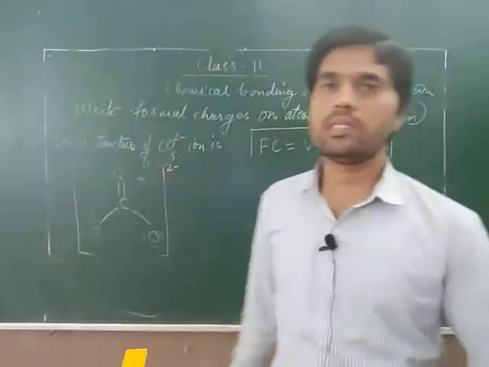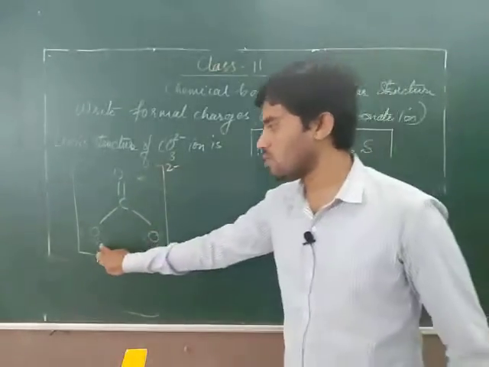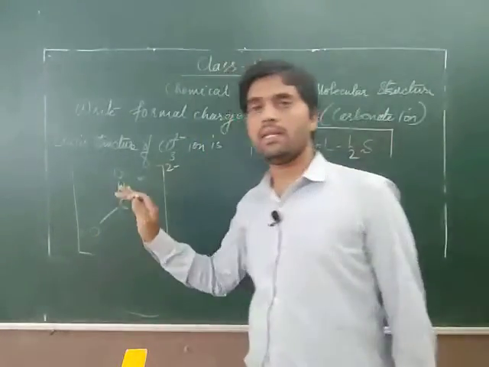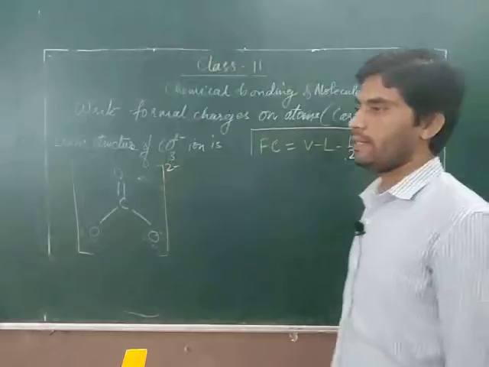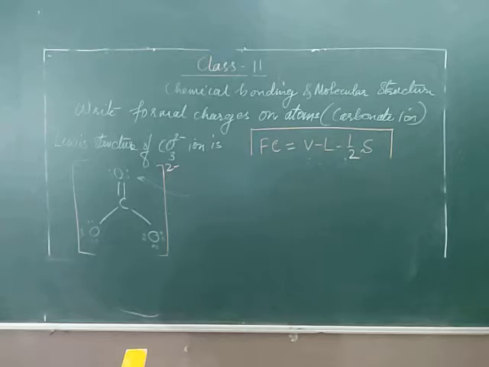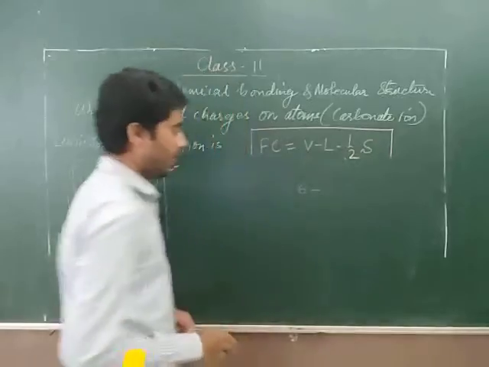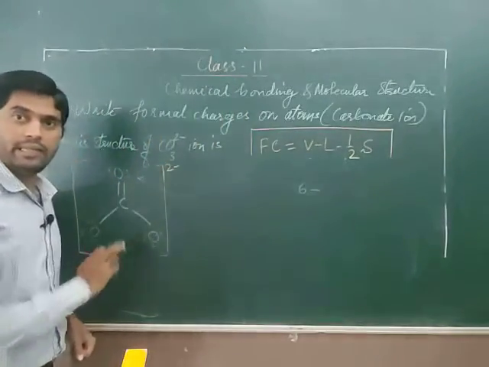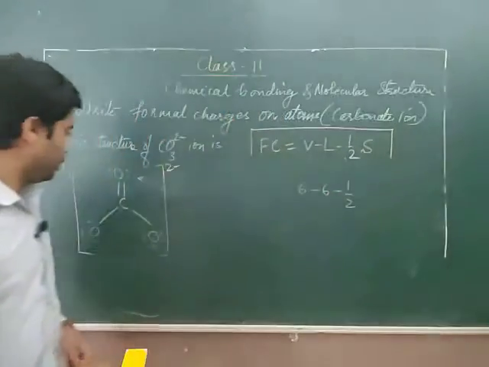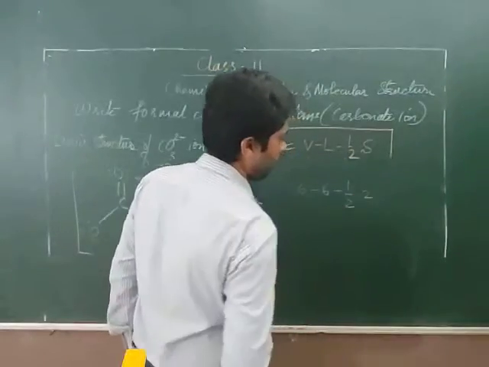Now we will see the calculation of formal charge on singly bonded oxygen. This oxygen and this oxygen have the same conditions; both are singly bonded. The formula is the same. The valence electrons are 6, and the lone pairs are 1, 2, 3, so 3 pairs means 6 electrons. Then 6 minus half into the shared electrons, where 1 bond means 2 electrons.